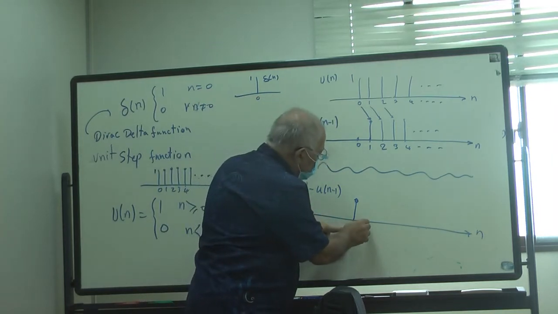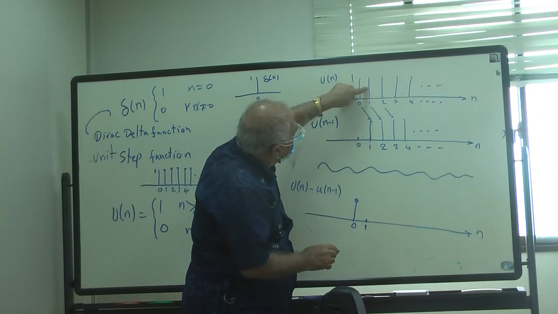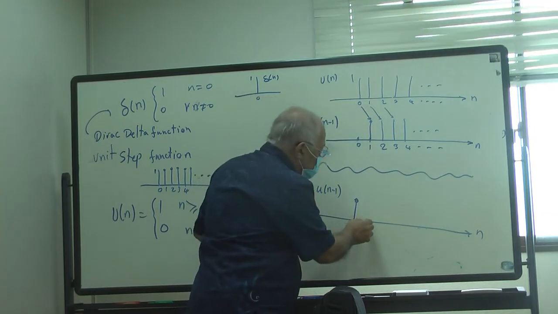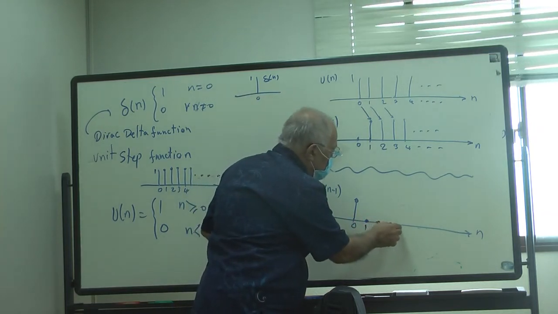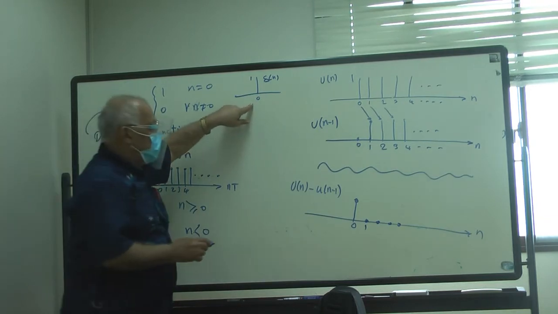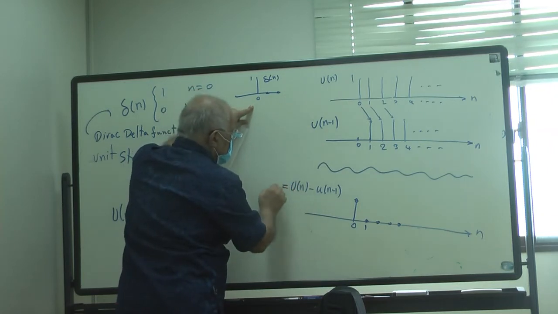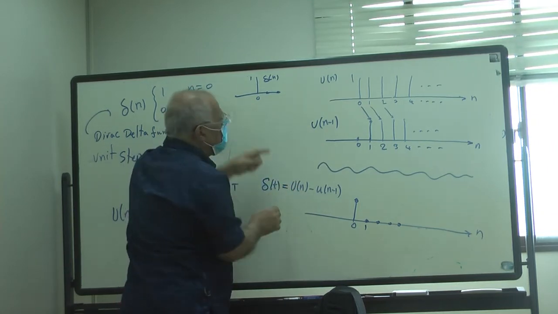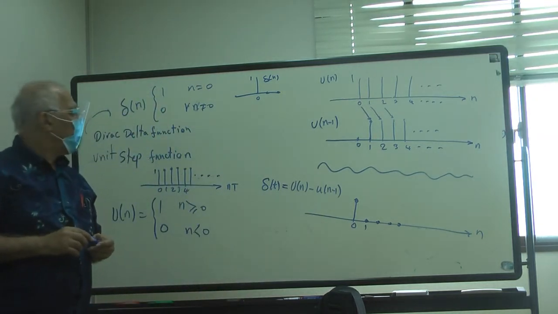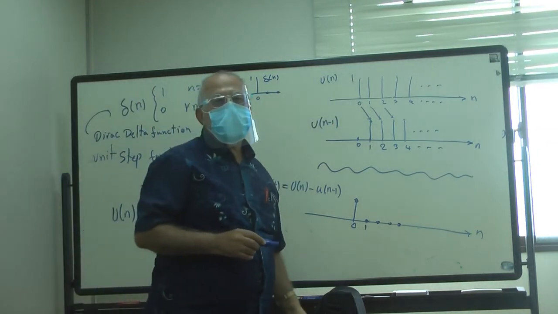This is 0, this is 1. At sample 1, this sample minus this sample becomes 0, and so on. This is the same as this. This is 0. So then this is delta. So this relation is easily proved. The other two relations are also very easily solved.